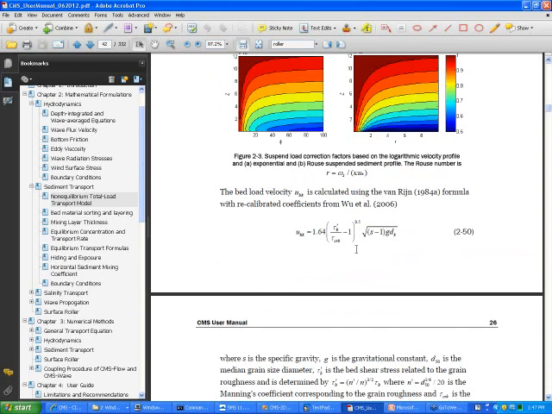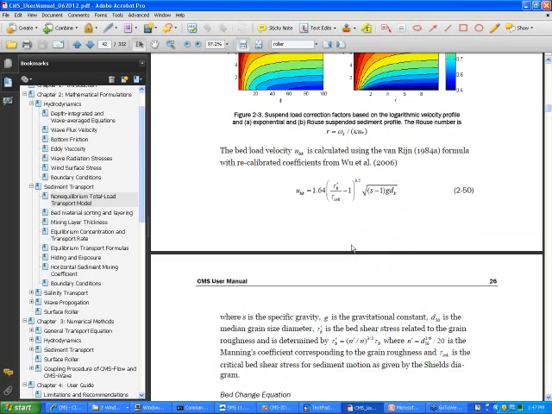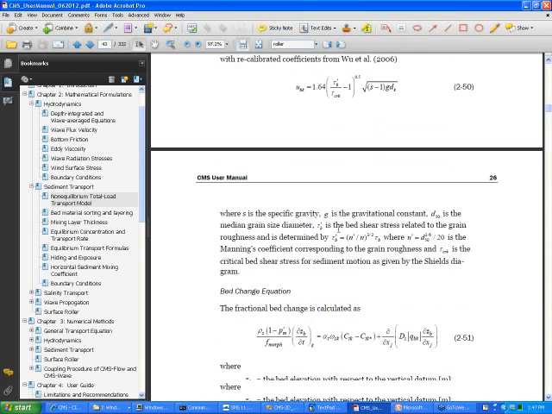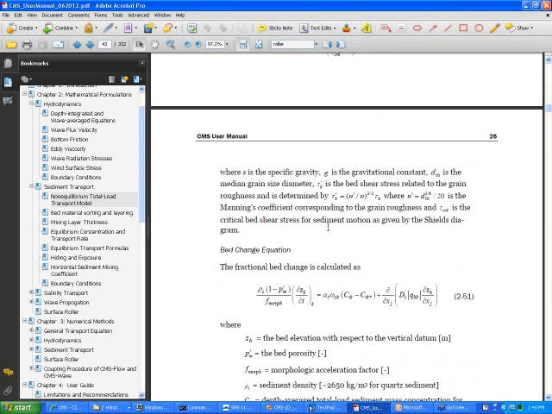How valid, or how accurate, I should say, that is, I really don't know. There's no formula out there that I've seen that will give you the bed load velocity under combined currents and waves. So that's an area for research.